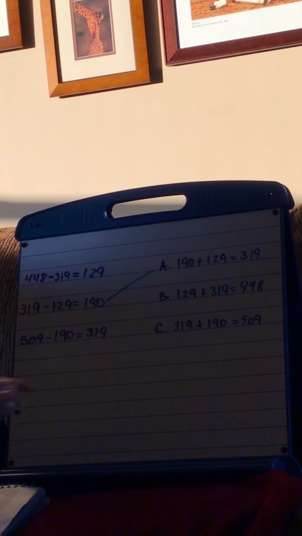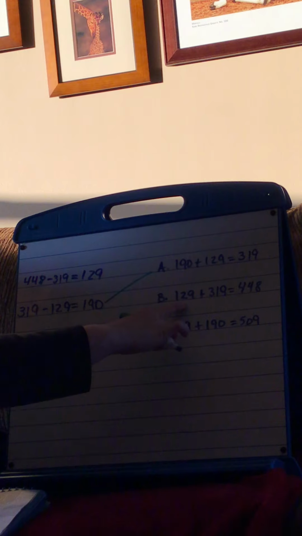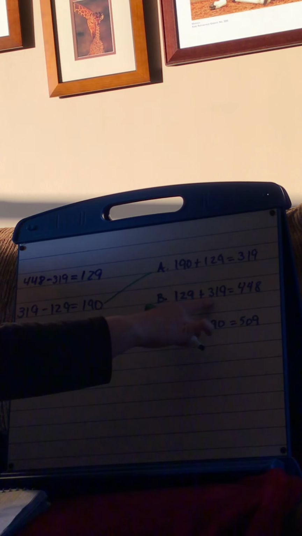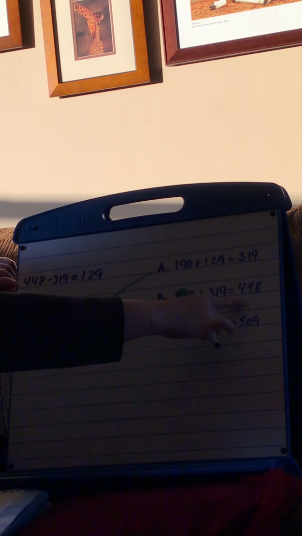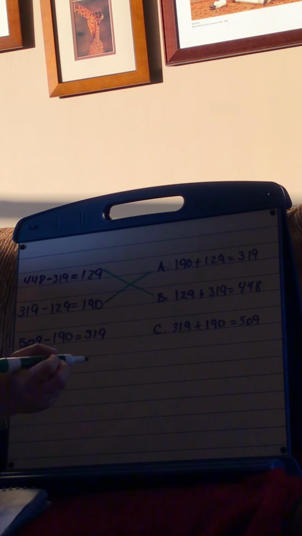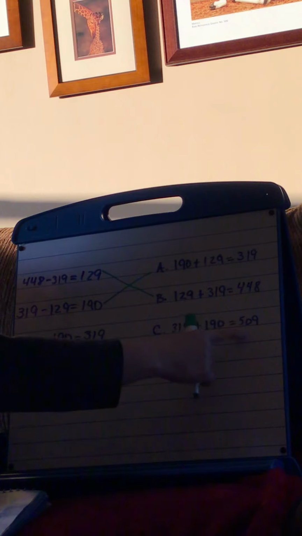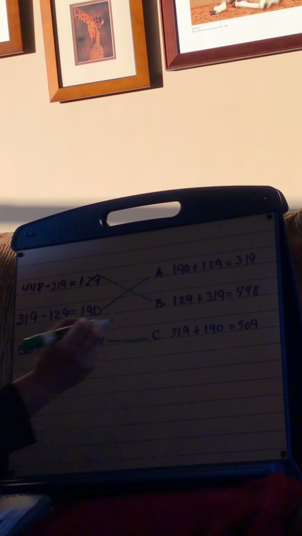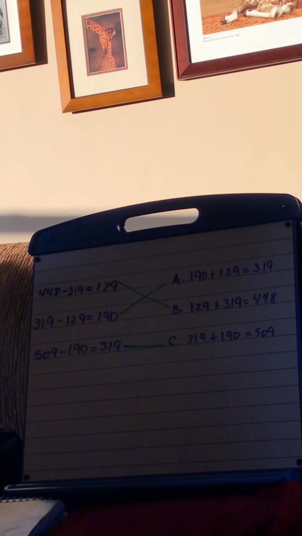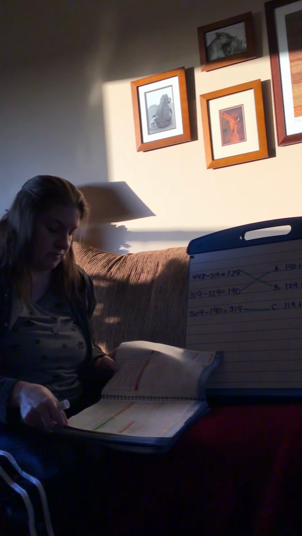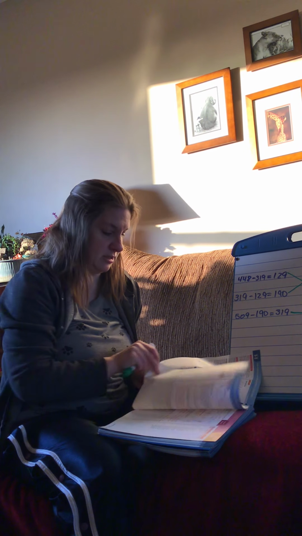Okay? Here we have 129, 319, and 448. And they match. And then just to check, we have 319, 190, 509. All right, because that's what you'll have to do in your assignment today, where you'll have to do that matching.